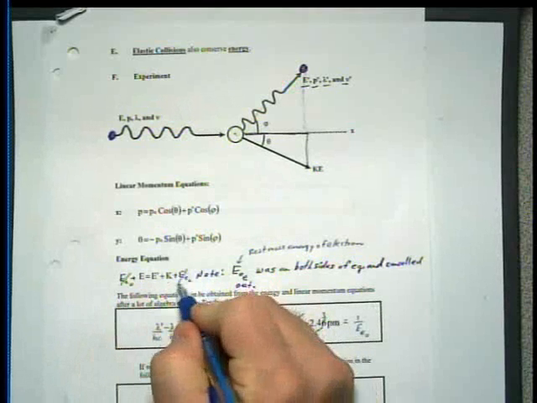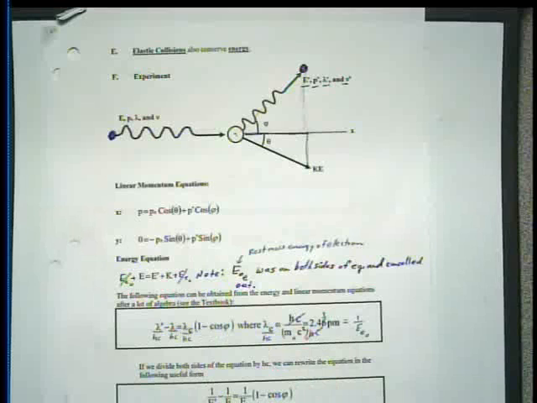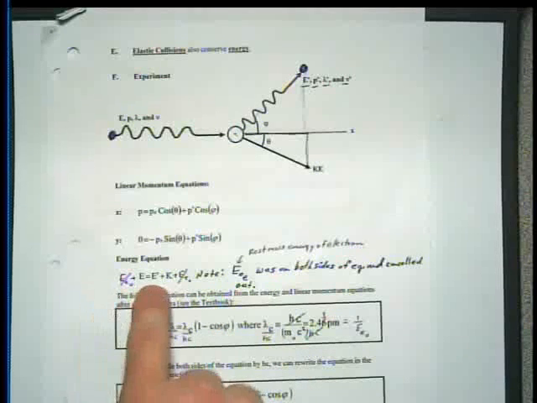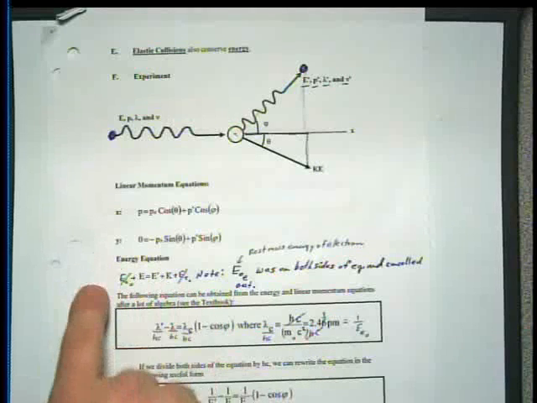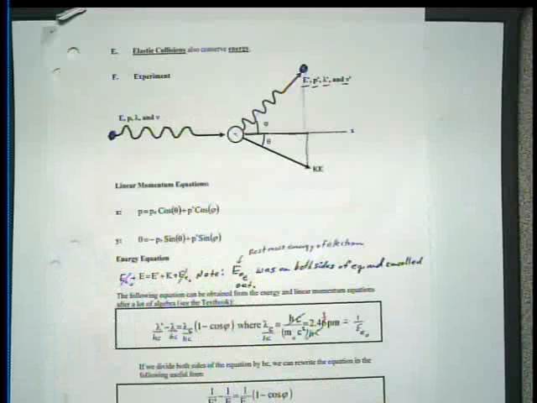They cancel. The electron exists before the collision, the electron exists after the collision. So why put it down? It is really counted. All the energy before has to equal all the energy after. If there were new particles created, there would be new rest mass energies over here. There are no new particles created here.